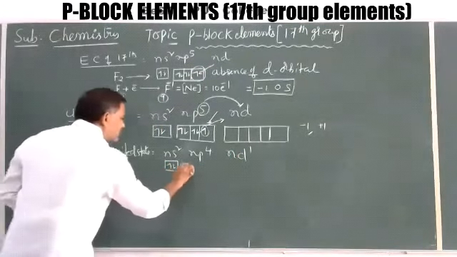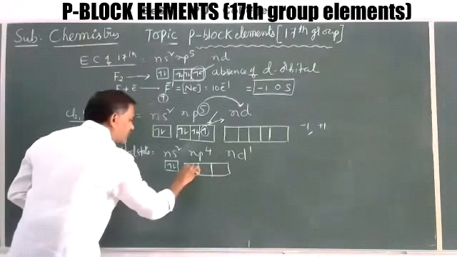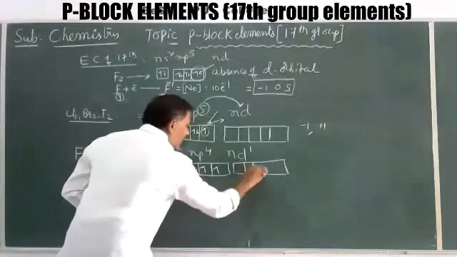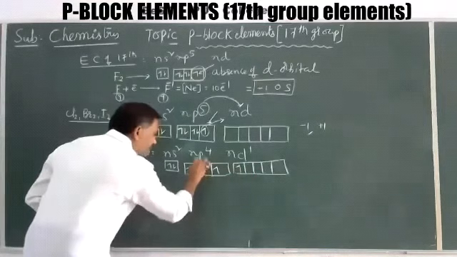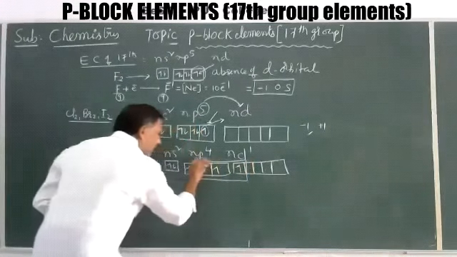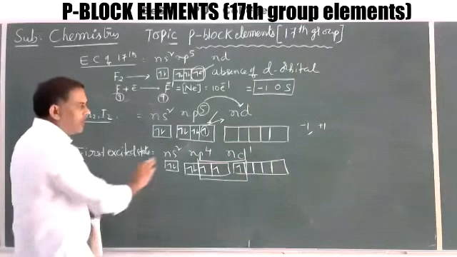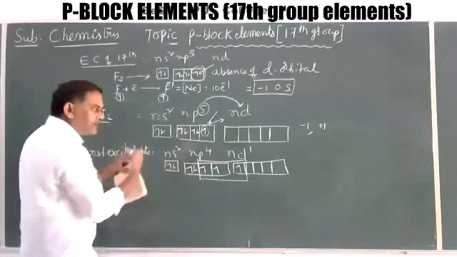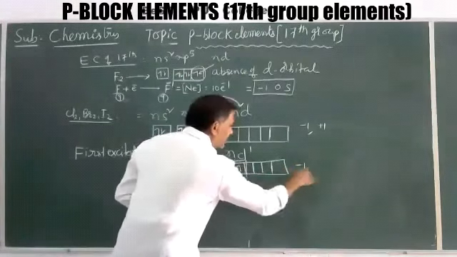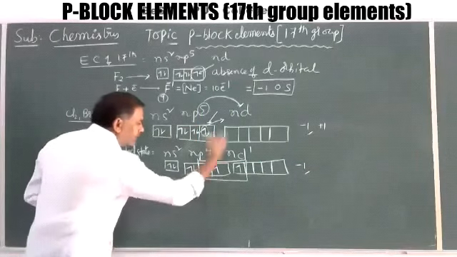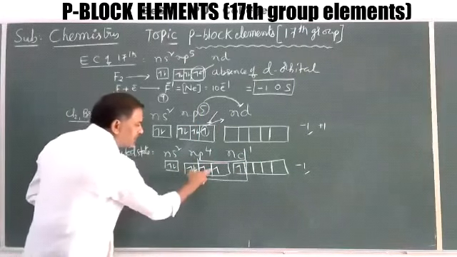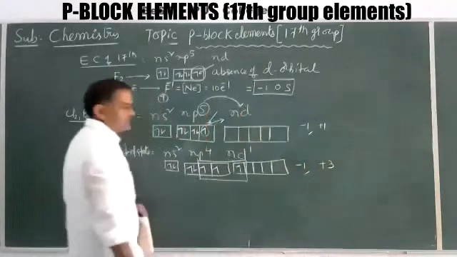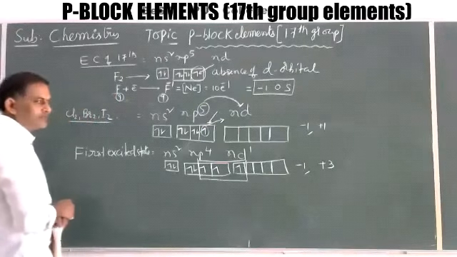Here are 2 electrons, here 4 electrons, and here 1 electron, so these 3 are unpaired electrons which are ready to donate. So in the ground state, it receives 1 electron and exhibits -1, or donates electrons to the other group. These 3 unpaired electrons are ready to lose, and it forms the +3 oxidation state in the first excited state.